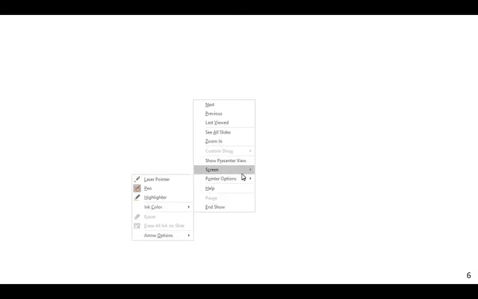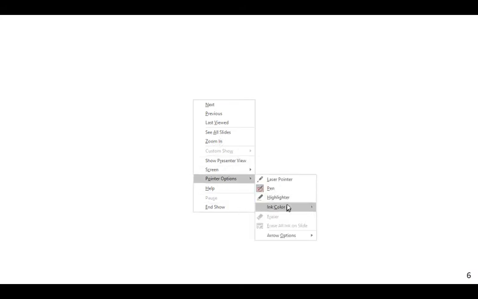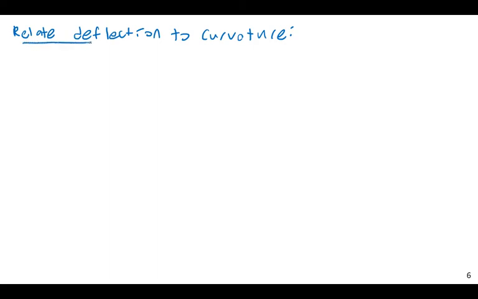I promised you the formula for deflection. I'm going to give you the formula for deflection. Deflection or bust here. So let us relate deflection to curvature. Okay.